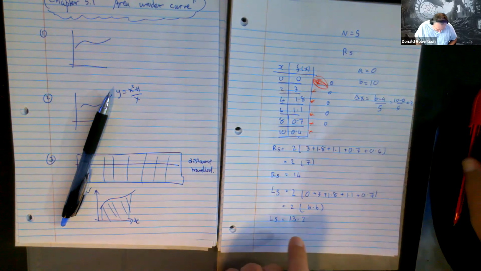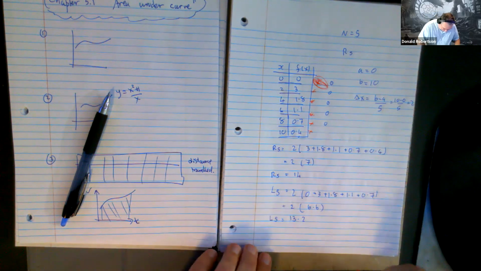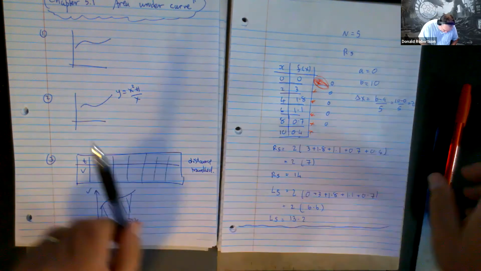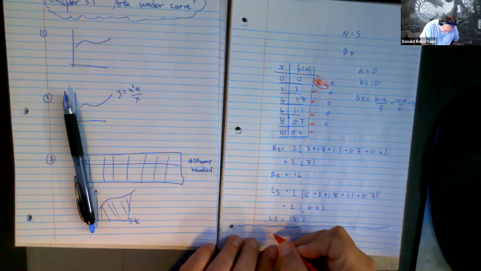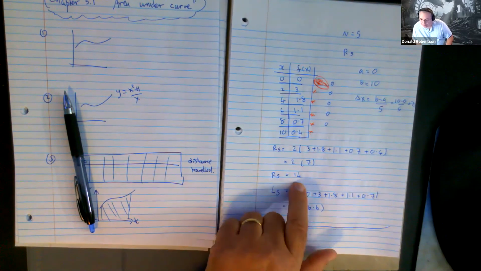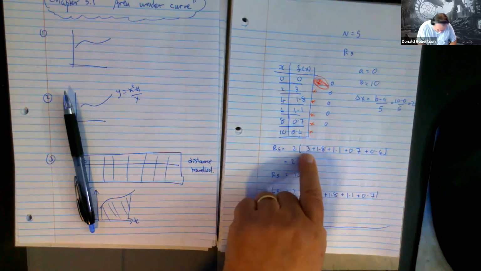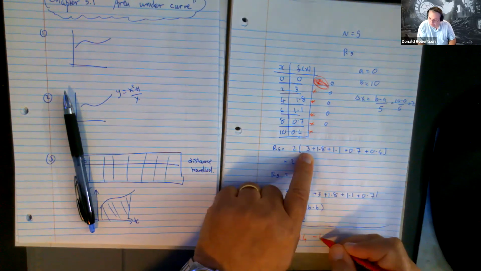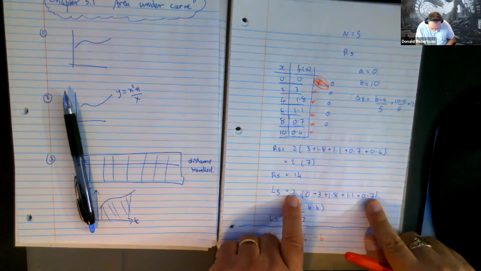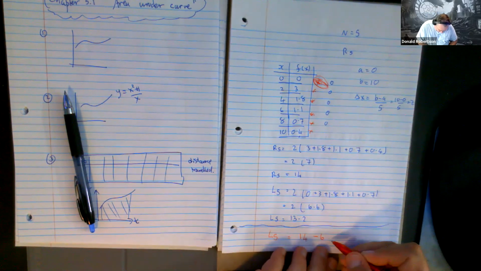So if I wanted to get the answer to L5, I take the answer to R5, which is 14. I then take away this guy, which is 6, right? 2 times 3 is 6. And in its place, I'd add the new guy at the end. So I'd add a 1.4.